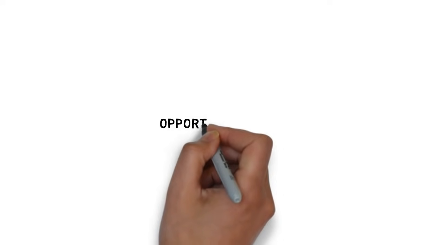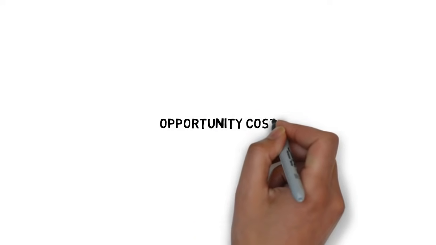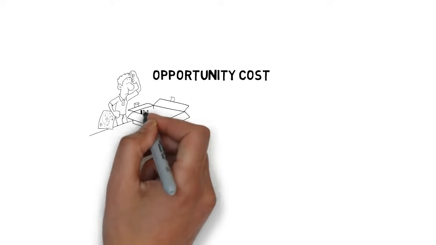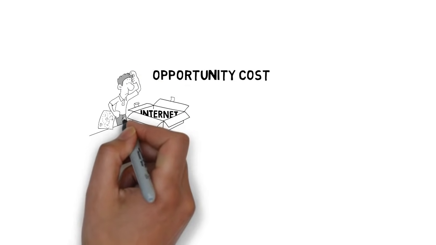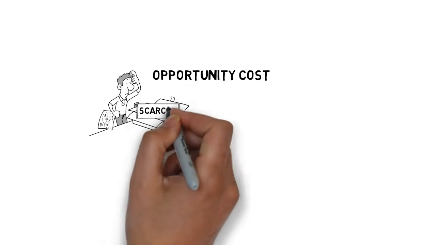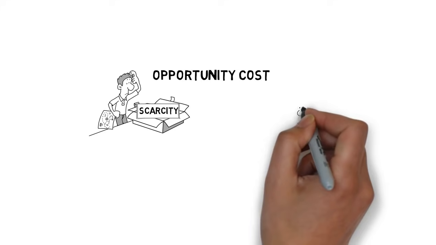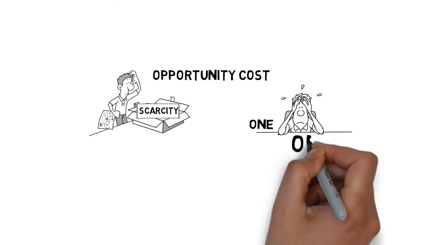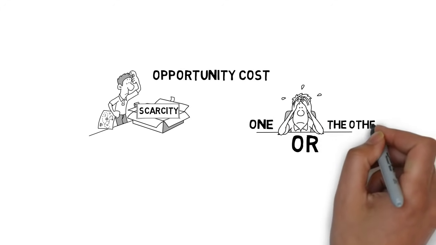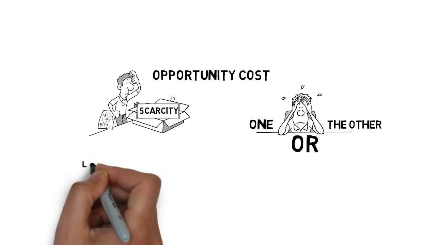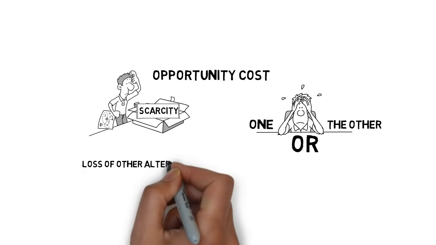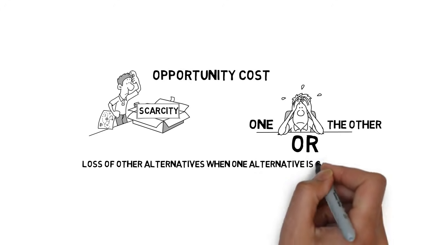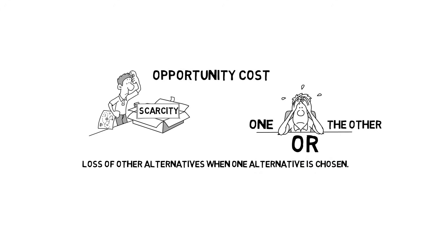Now that we understand scarcity, let's understand opportunity cost, because I think somehow they're related. Scarcity is about not having enough resources but having unlimited wants, whereas opportunity cost gives us an option to select one or the other. So I'll quickly read you the description of what opportunity cost is. Opportunity cost is described well as the loss of other alternatives when one alternative is chosen.